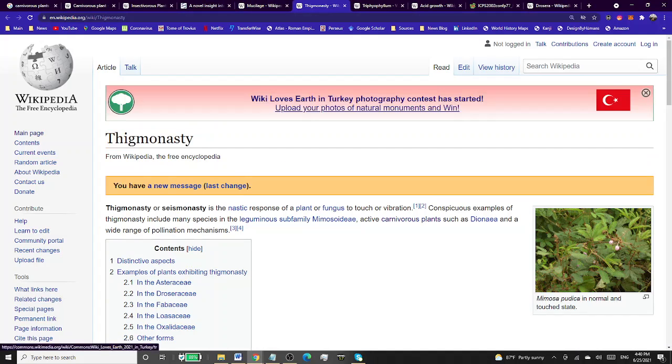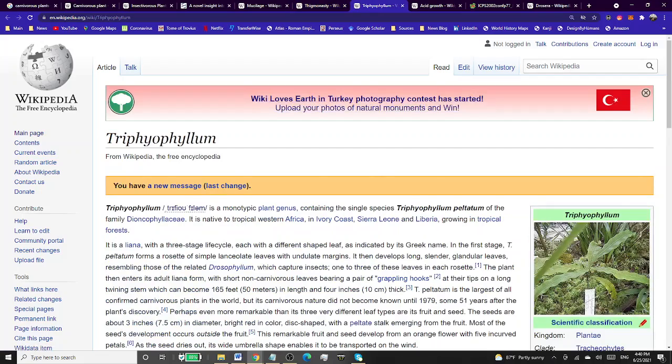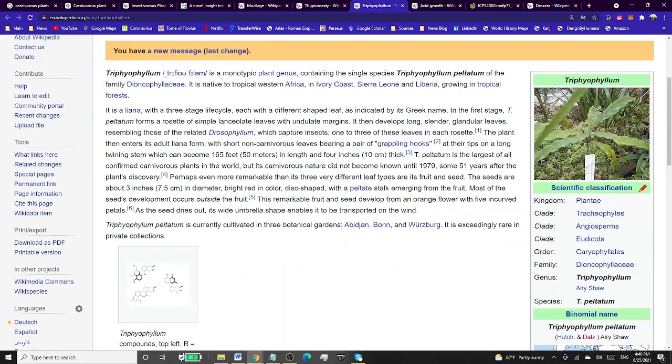We've got thigmonasty. There we go. Triphyophyllum is a monotypic plant genus, all over the place. Ooh, very African. It has short, non-carnivorous leaves, which have a pair of grappling hooks. Wow.